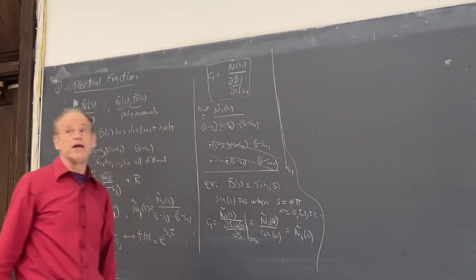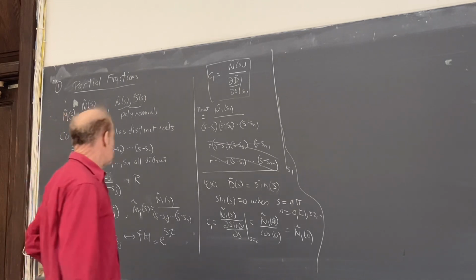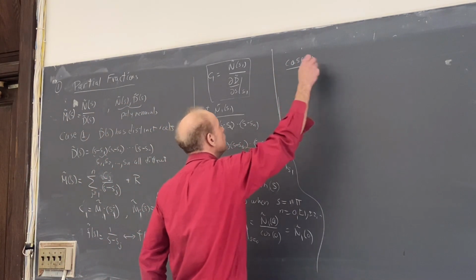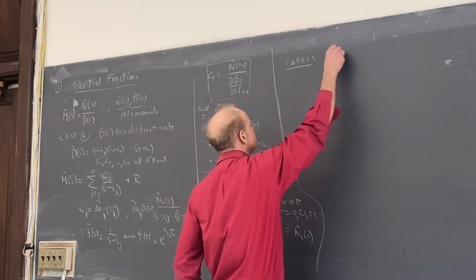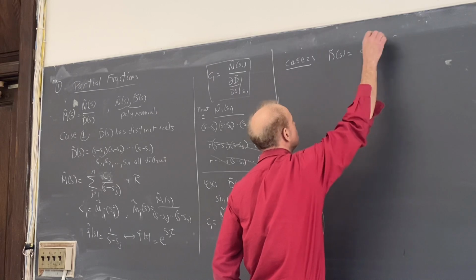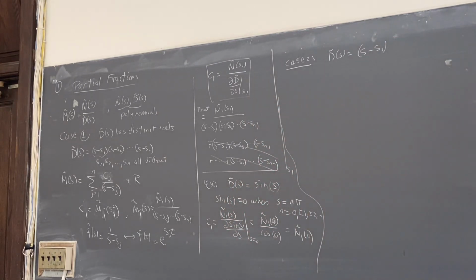So that was case 1. This is all review so far except for this. In case 2, we had d tilde of s equal to s minus s1 raised to a power, did I call it n or n plus 1?